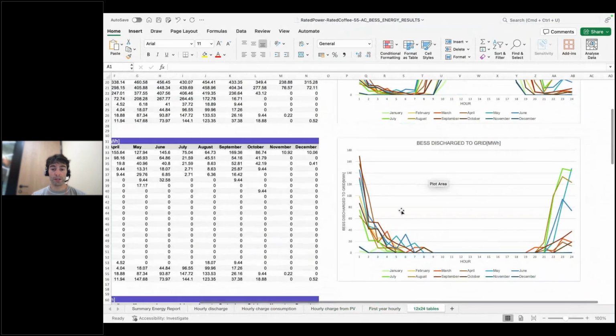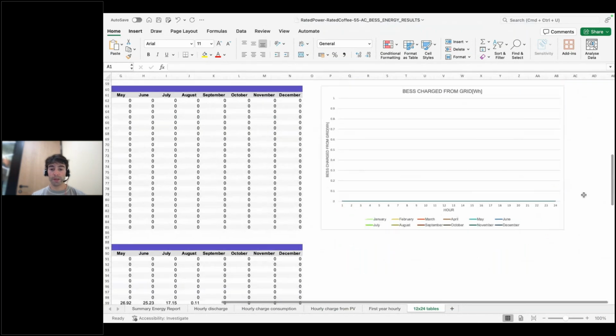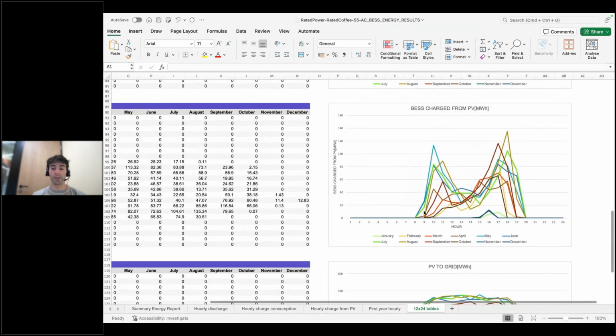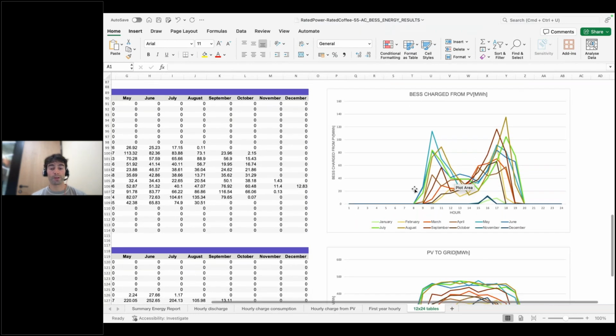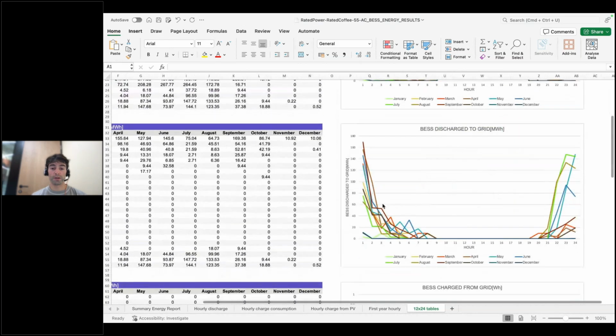We can see that the battery is discharging at the start of the day and at the end of the day, and that it's probably charging during solar hours. So it is using all this curtailment to charge the battery during the solar hours and then discharging it here when the PV production stops.